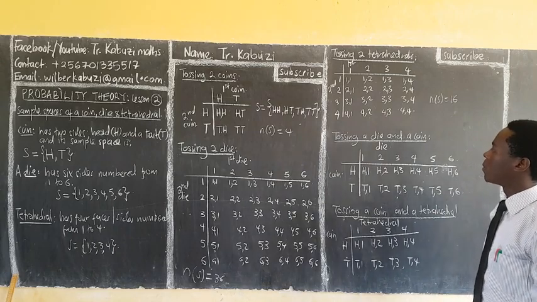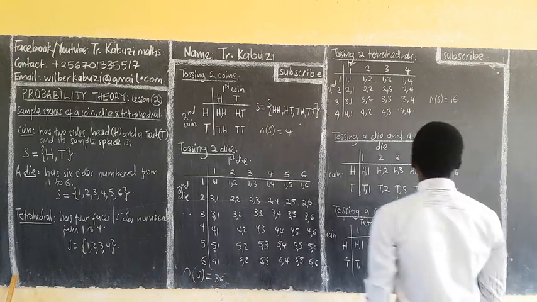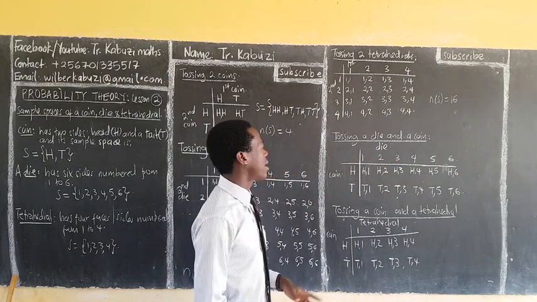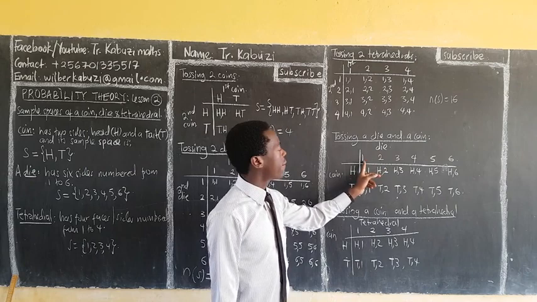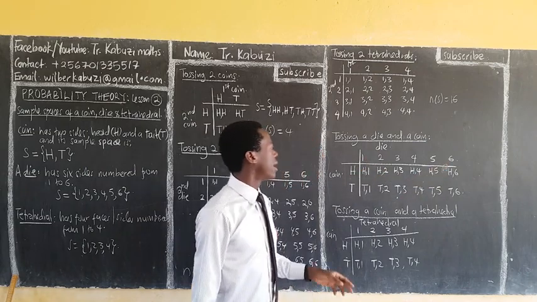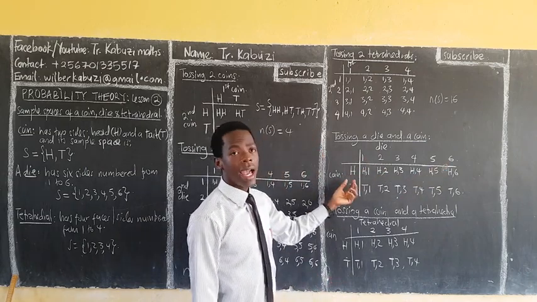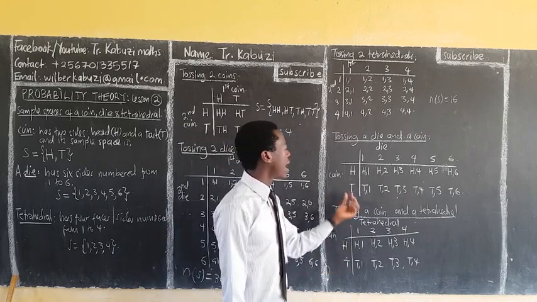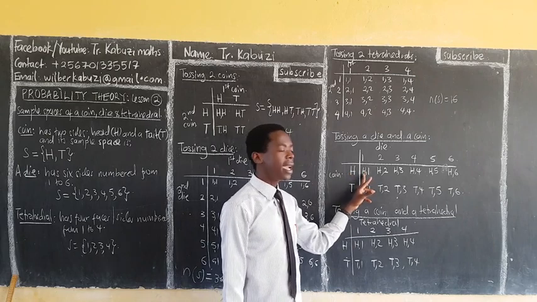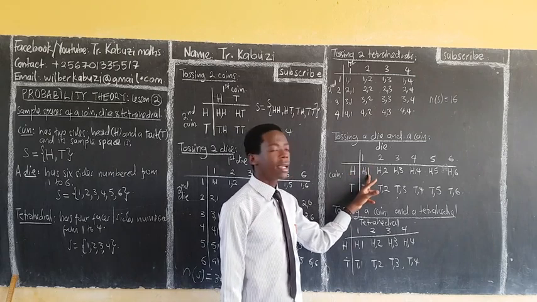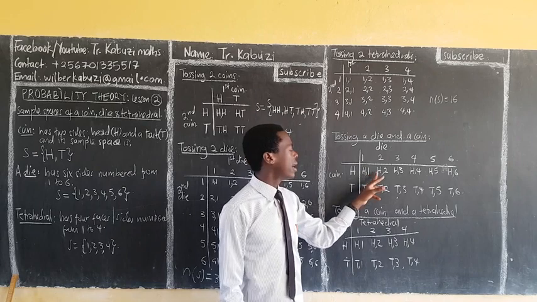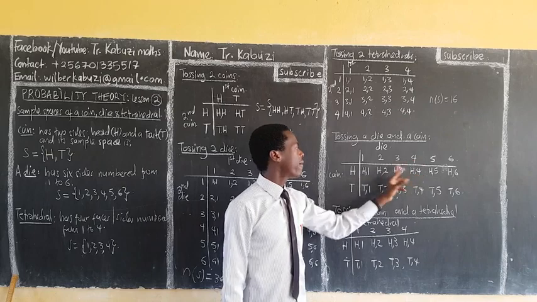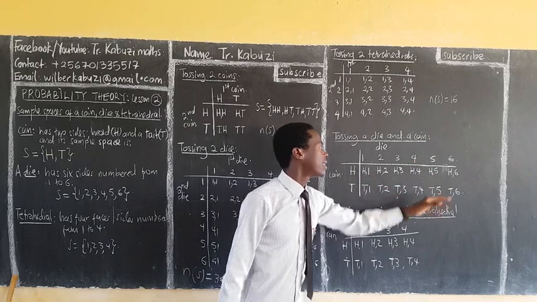Okay, now we combine. We are throwing a die and a coin. What happens? Remember, a die is numbered from 1 to 6, and a coin has 2 sides, the head and the tail. When you throw, these are the possible outcomes: a head with 1, a head with 2, head and 3, head and 4, head and 5, head and 6.